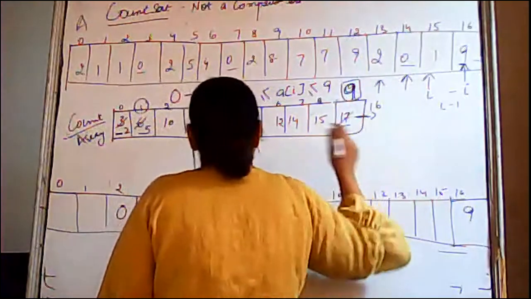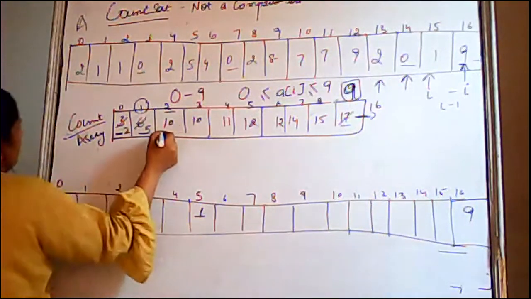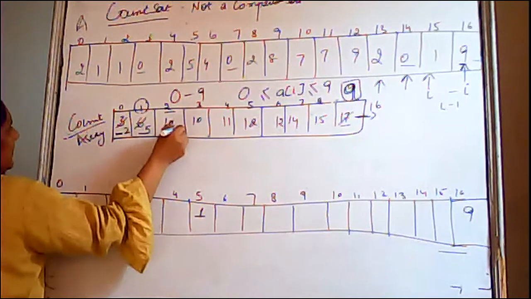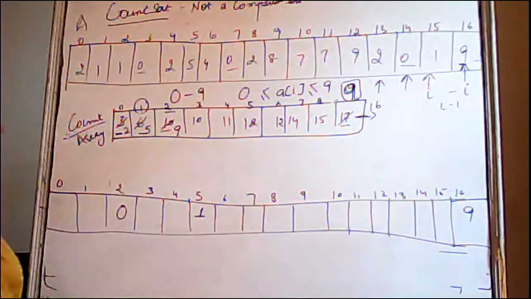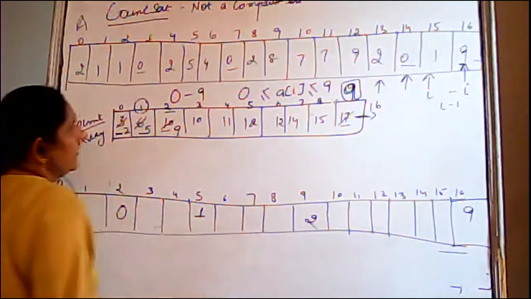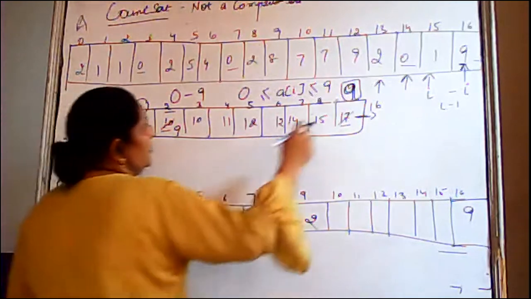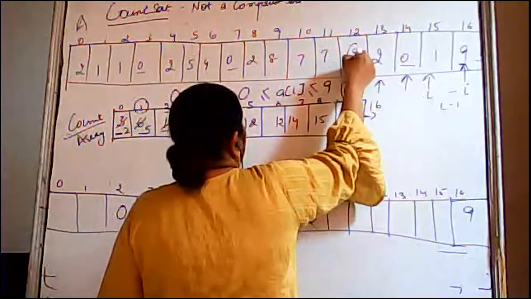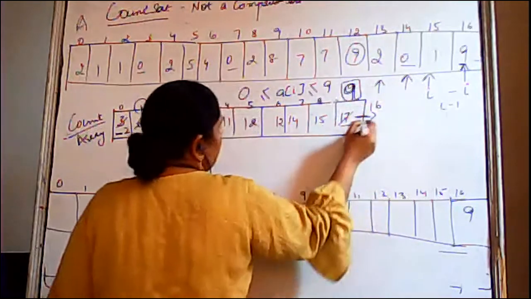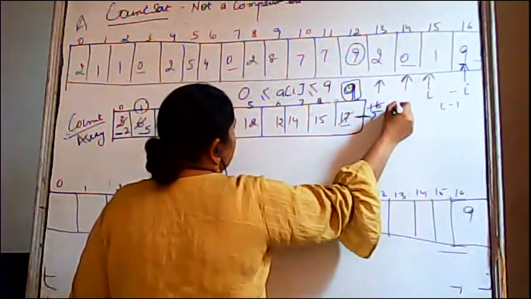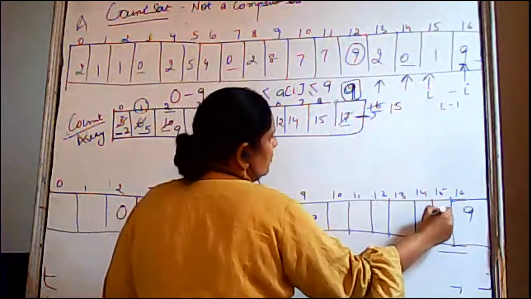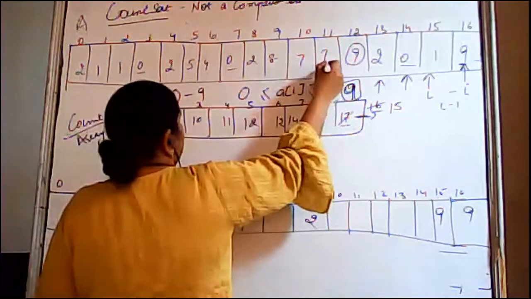Then go to index 2. It is at position number 10. So decrement it, and store 2 at position number 9. Then come to this 9. It is at 16. 16 minus 1 is 15. At 15, store 9. Now 7.